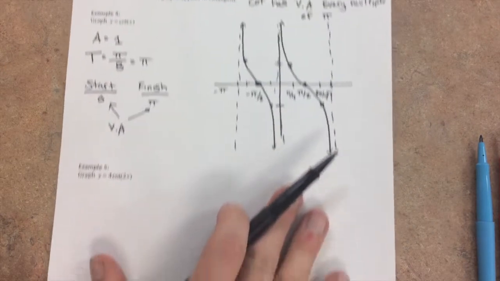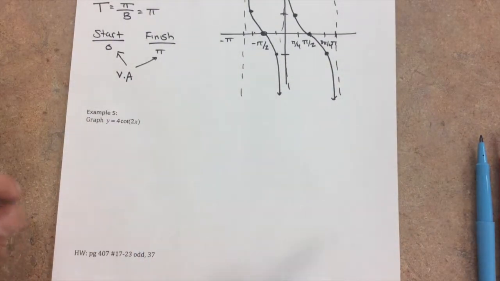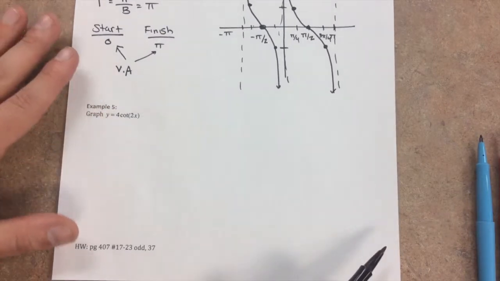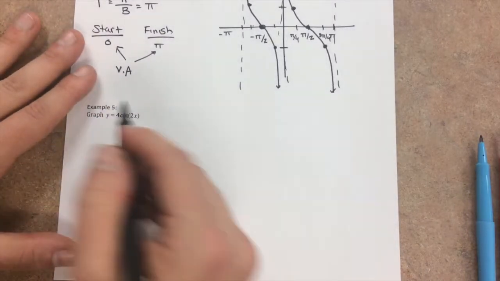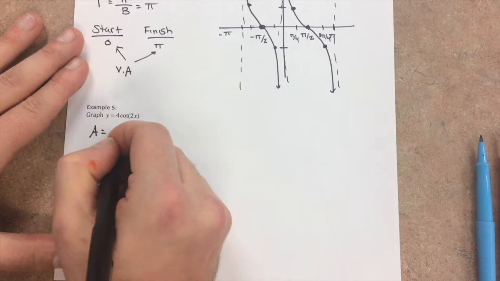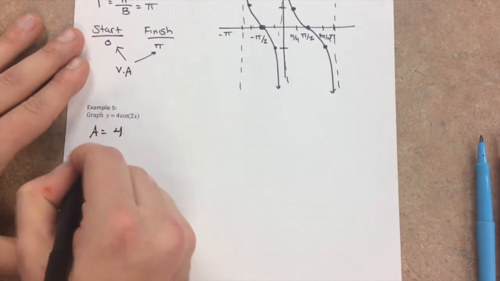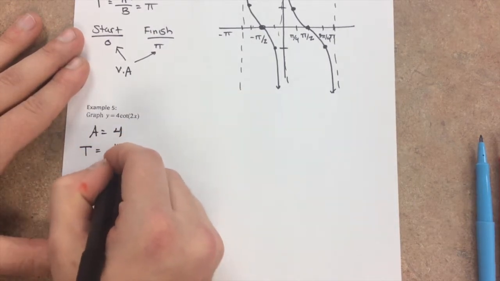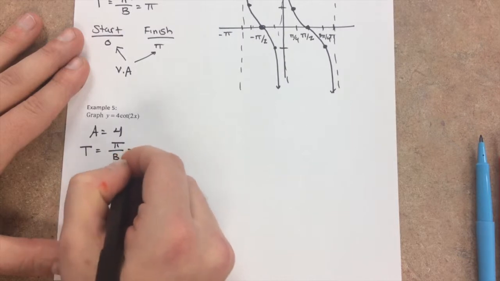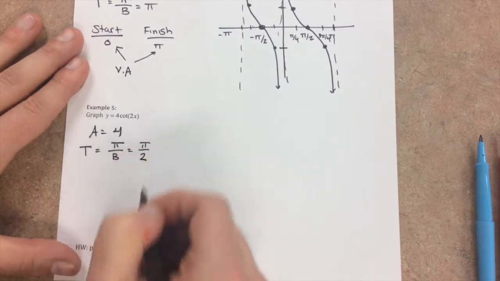So we got one more, and then we're done with graphing tangent and cotangent, and you guys will have plenty of practice with these. So amplitude here is 4. Our period would be pi over b, so pi over 2.